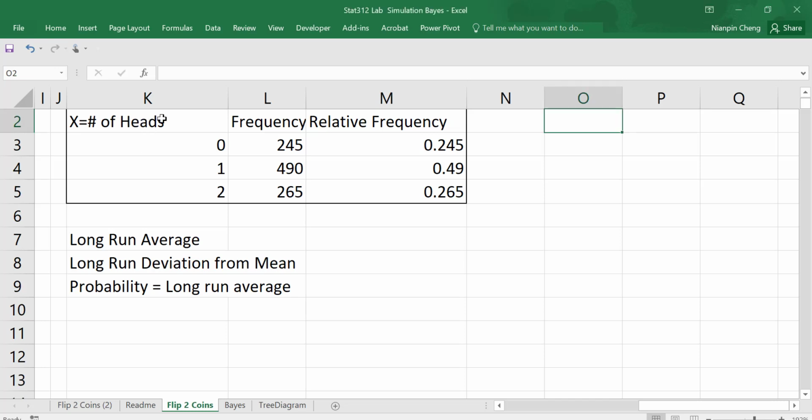So here, number of heads, we use X to indicate. For every experiment, the outcome keeps changing. Could you observe 0 heads, or 1 or 2? So X is what we call a random variable. So this random variable has a probability distribution, okay?